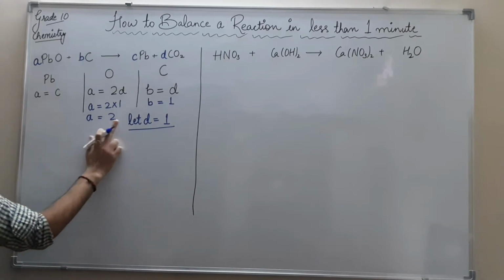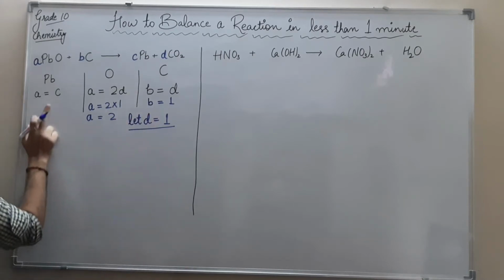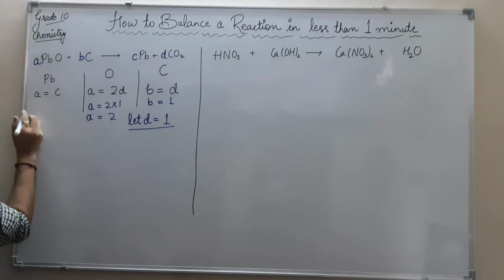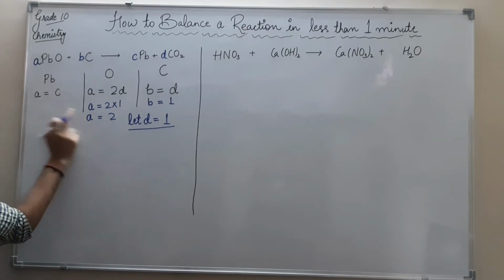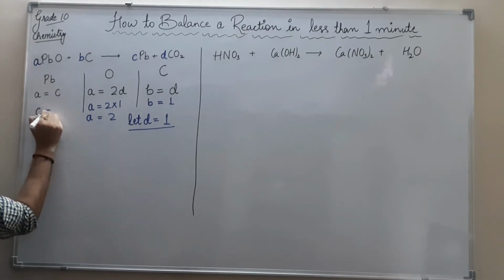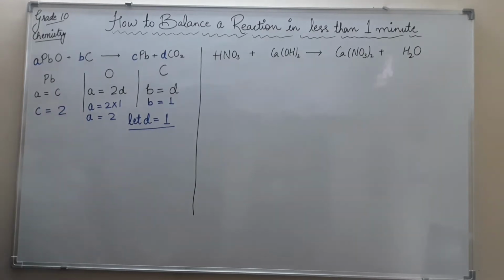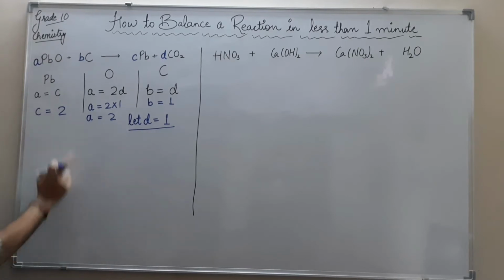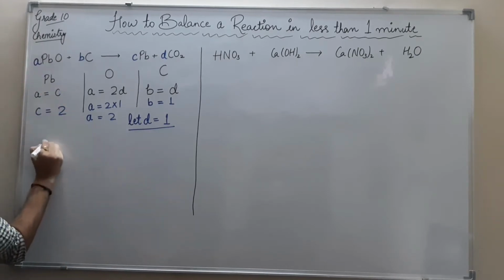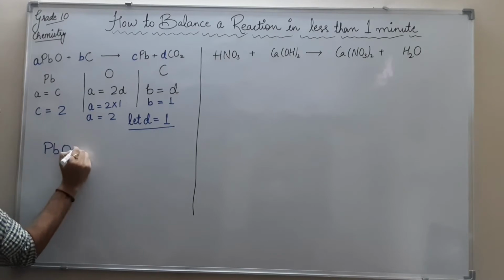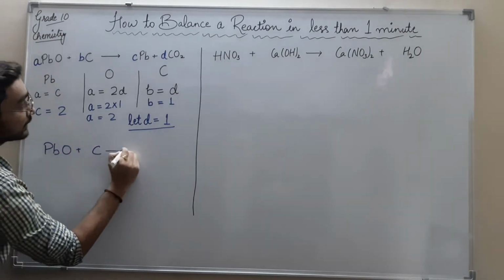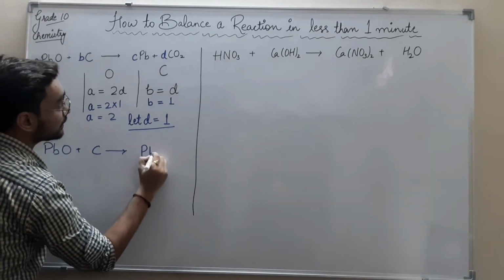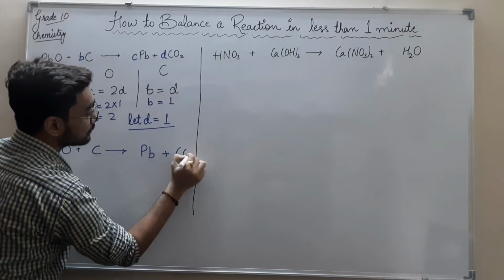Then I only have to find C. If A is equal to 2, then C will also be equal to 2. Now I have all the values of the variables A, B, C and D. Just write our equation: PbO plus C gives Pb plus CO2.